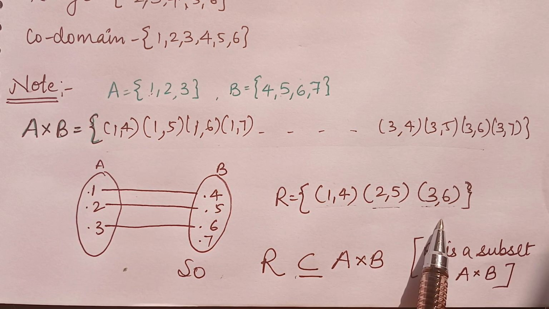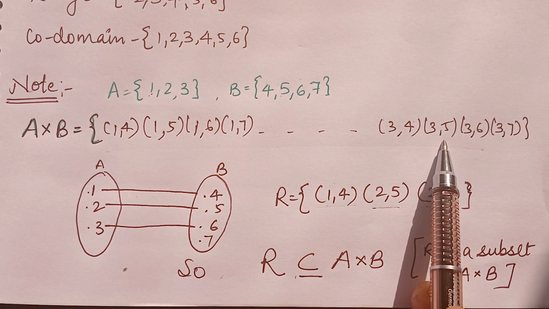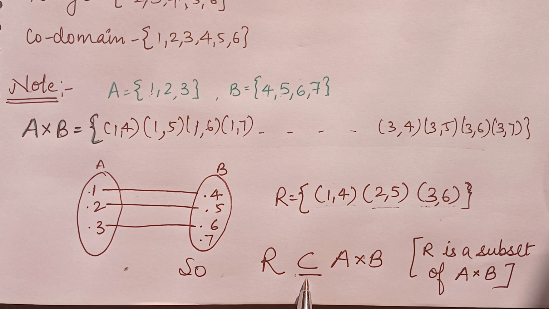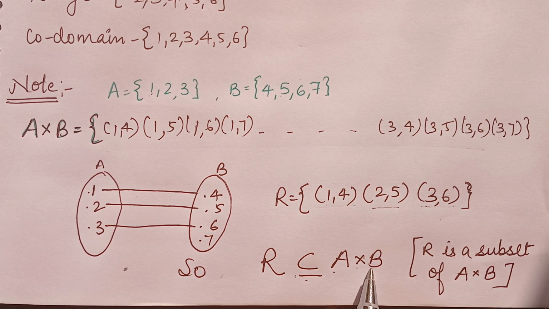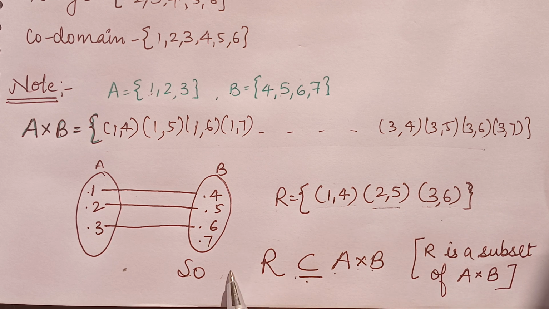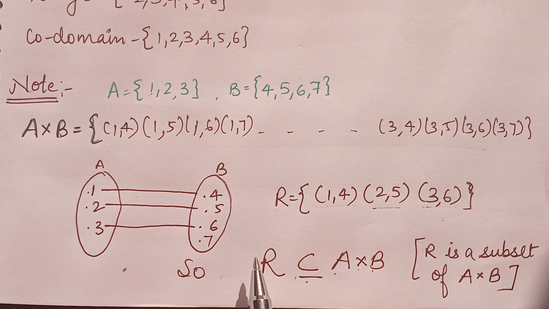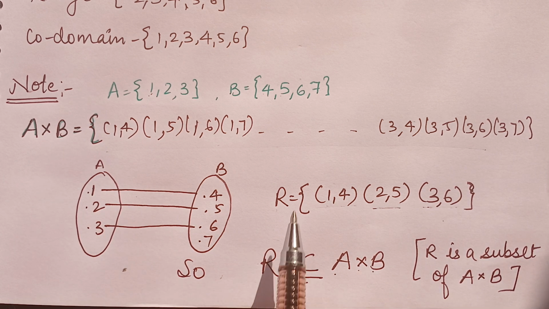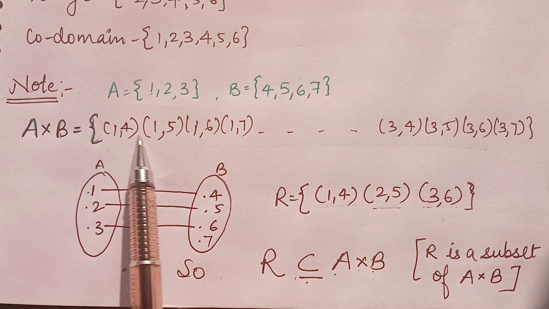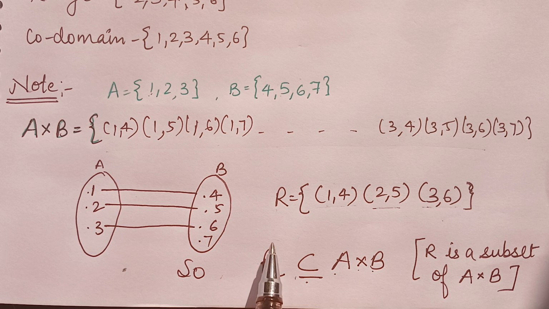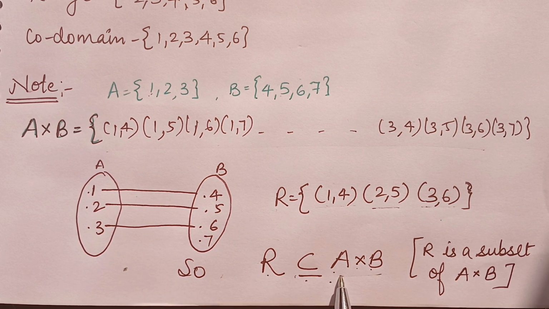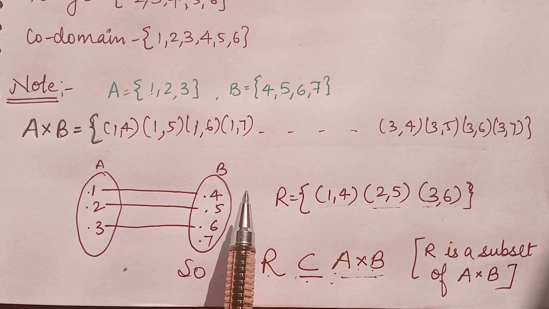So relation is a subset of A cross B. Whatever elements you have in a relation, they will be from the Cartesian product only. You will not get any element in a relation which is not from the Cartesian product. So we conclude that the relation is a subset of the Cartesian product of A and B.